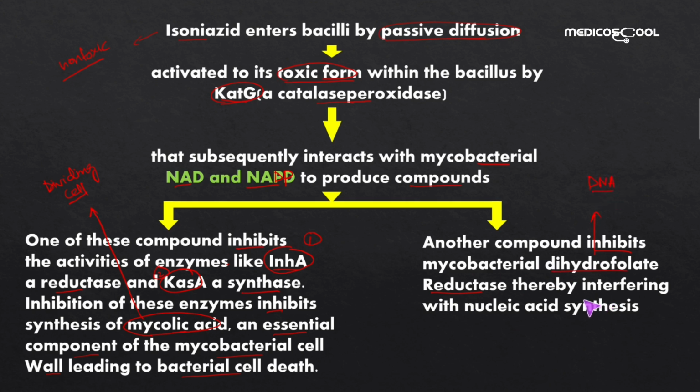This enzyme, by forming nucleic acids, helps in DNA synthesis, and by preventing the formation of DNA, they can stop their growth or may kill them. So these are some compounds which are formed from isoniazid, and in this way they can kill the mycobacterium bacilli.